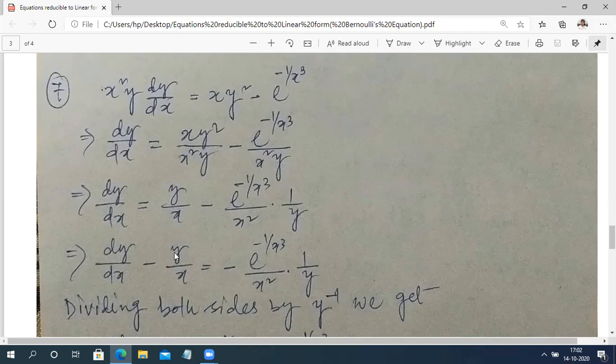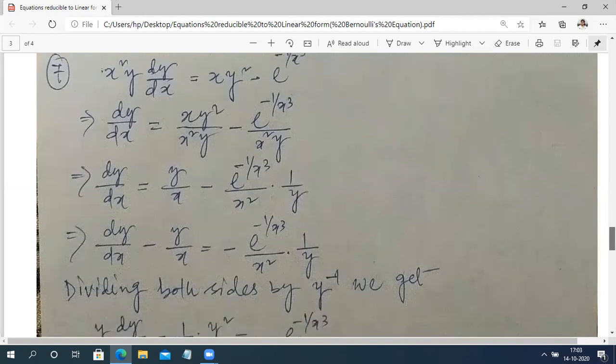Now bring this term to the left hand side, it will be minus of y by x, so p is your minus 1 upon x, which is a function of x only. p is minus 1 upon x into y is equal to q, and here q is your whole term in x into 1 upon y.